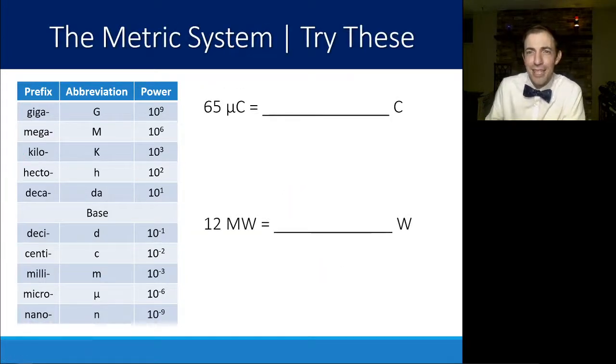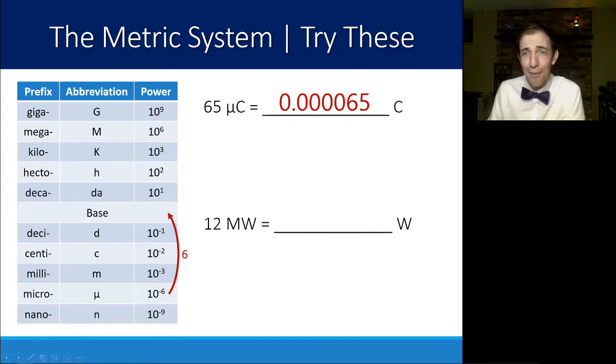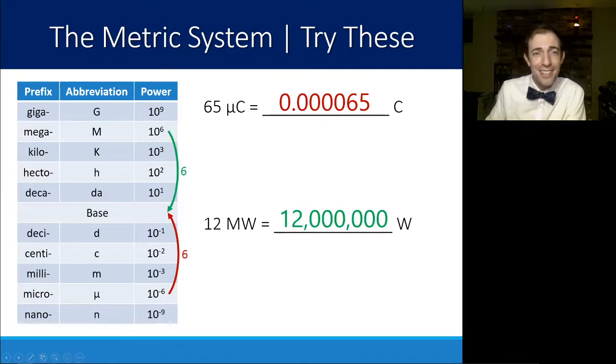A couple other examples that you'll probably see are microcoulombs to coulombs, which would just be micro to base. Just note here, you don't need to know what that C represents. You can still figure it out based on the fact that there is a prefix and then there isn't a prefix. That means it's a base unit. Megawatts to watts means you move the decimal place 6 times.